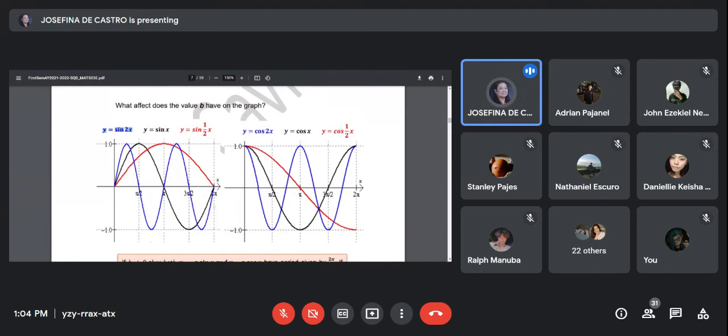Okay. I-connect natin yung pagbabago doon sa sine y is equal to sine 2x. Then ito yung sine y is equal to sine x, yung kulay black. Pare-pareha sila na period na 0 to 2 pi. At ito naman yung y is equal to sine 1/2 x.